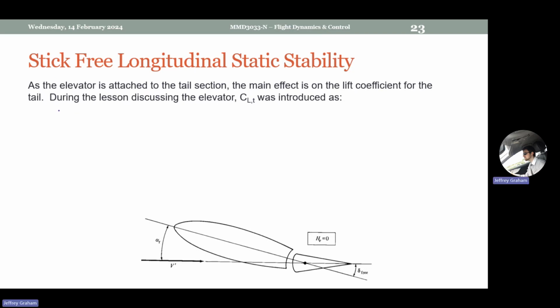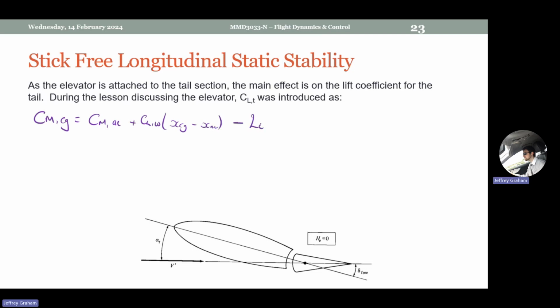In the stick-fixed stuff that we looked at earlier on, we had the coefficient of pitching moment about the center of gravity, that of the aerodynamic center, lifting the wing. This isn't the important bit just yet. XCG, XAC. Right.